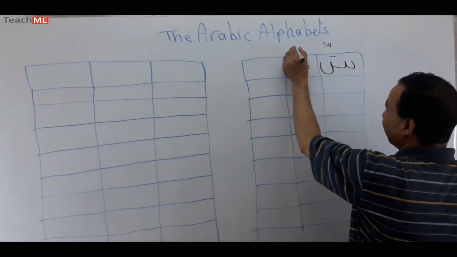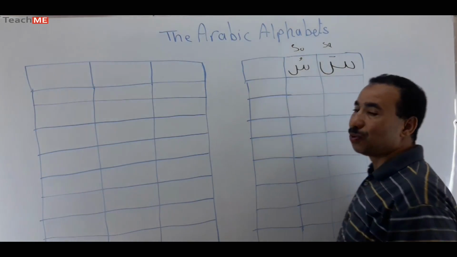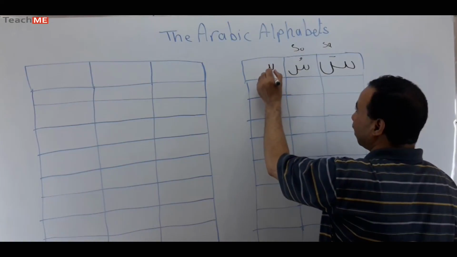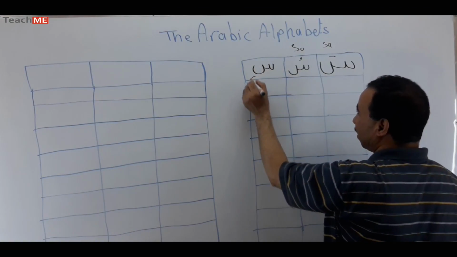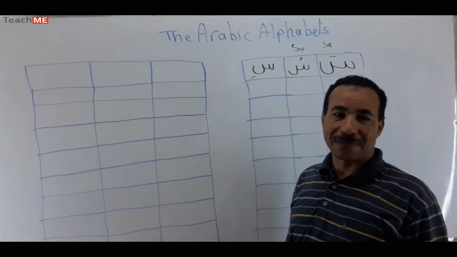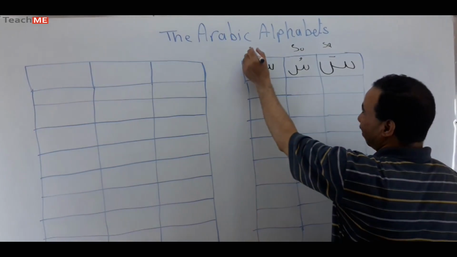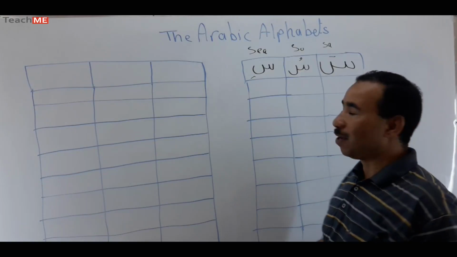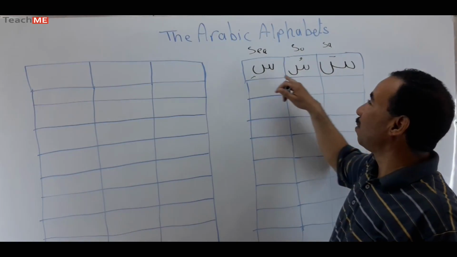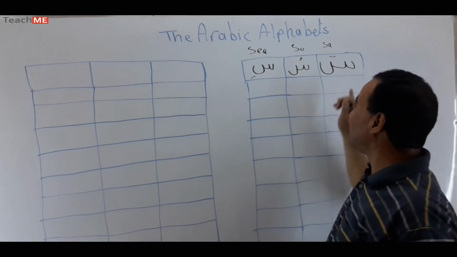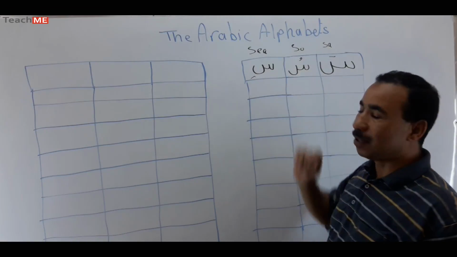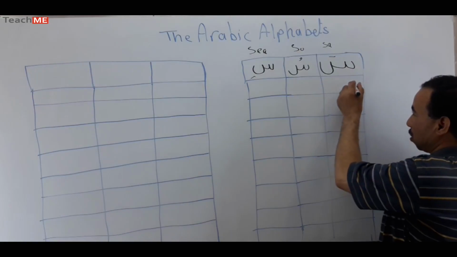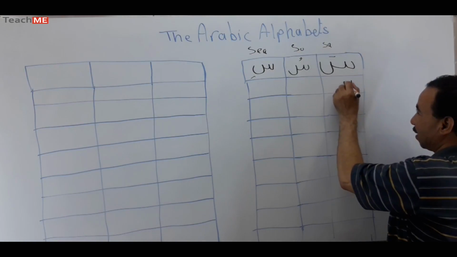If we put kasra, we call it si. So you got Sa, Su, Si.